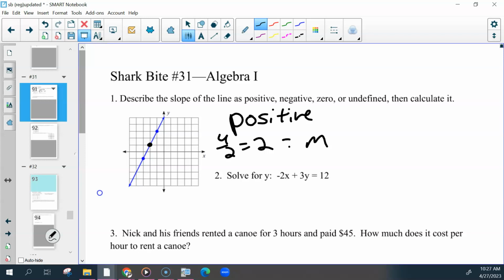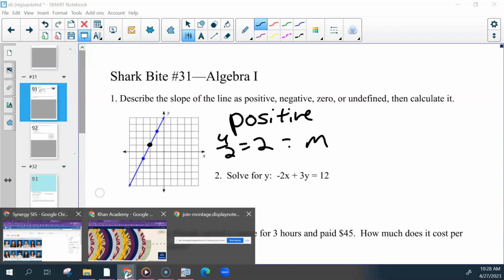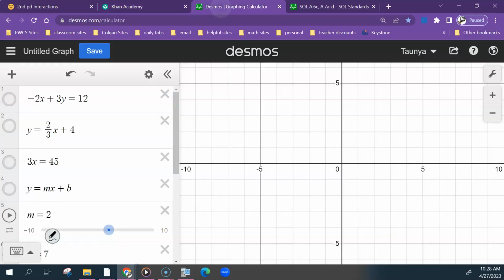2 can be done in Desmos. 3 we're going to set up, and it can be done in Desmos, and then the other 2 can be done in Desmos. So if I were to put in the original, since you're solving for y, find your y-intercept and look for your slope.